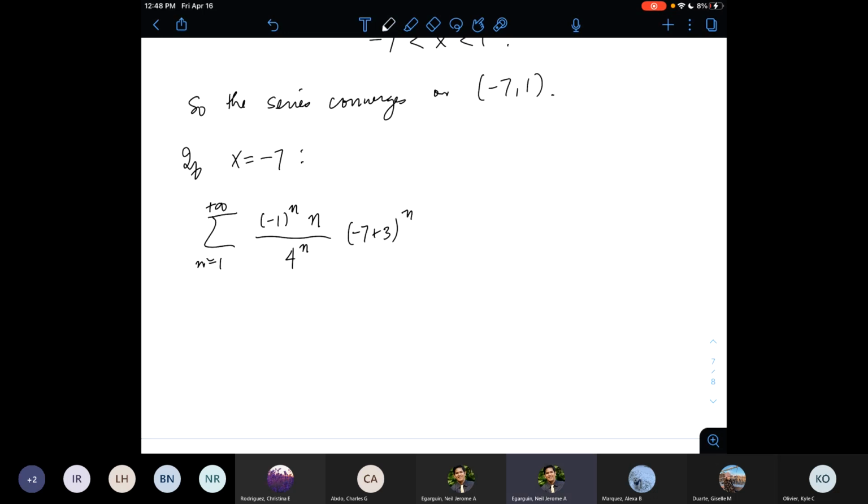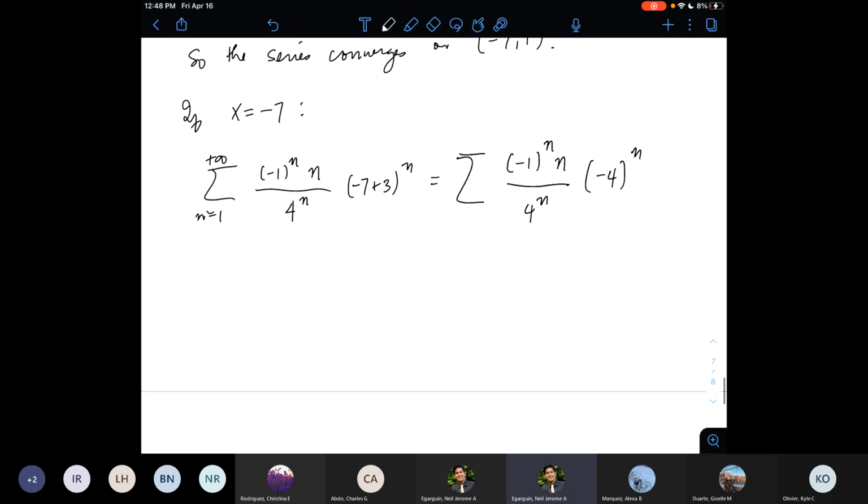There you go, and see if this will converge or not. So this will simplify to -1 to the power n times n over 4 to the n times -4 to the power n. But we can write this as -1 to the power n times n over 4 to the n.